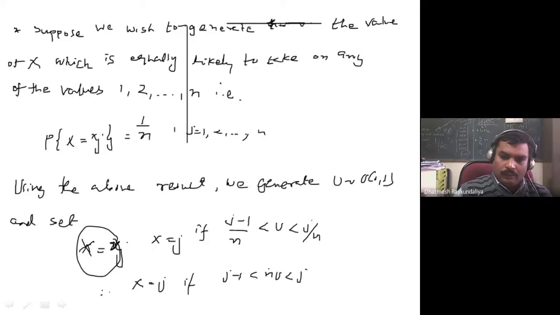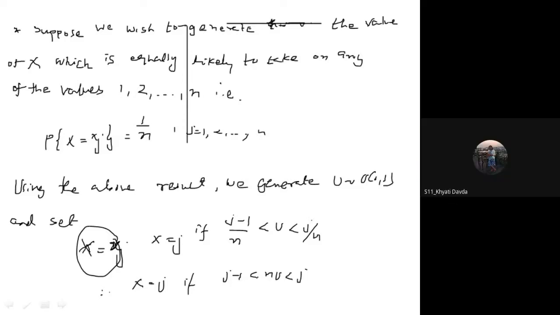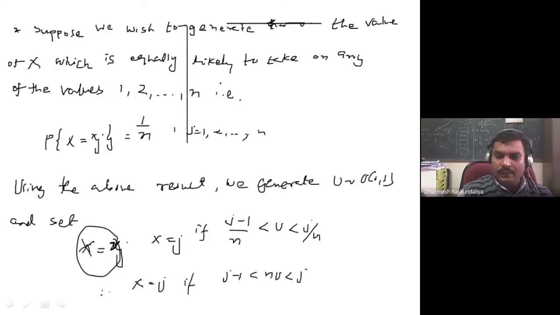Or in other words, nu should be an integer, because it goes from j minus 1 to j. But is it an integer? No, it cannot be, because n is an integer and u may be a fraction. So we have to convert it into an integer. Instead of j, whatever the integer value of nu is, plus 1, becomes our x.